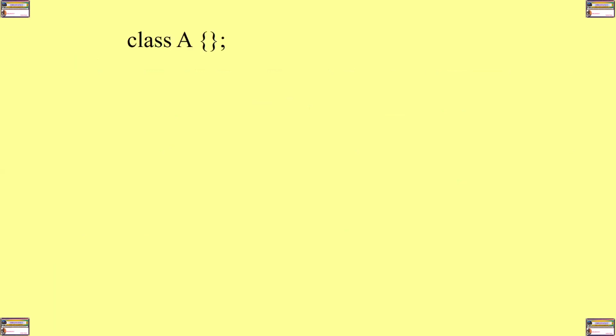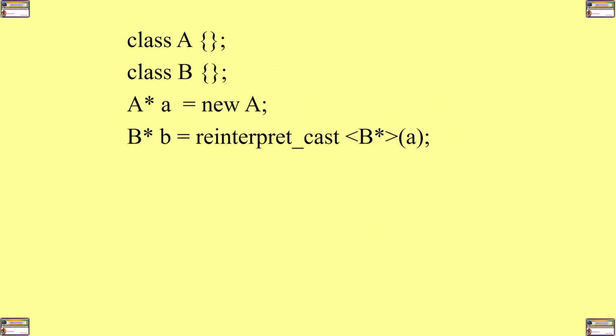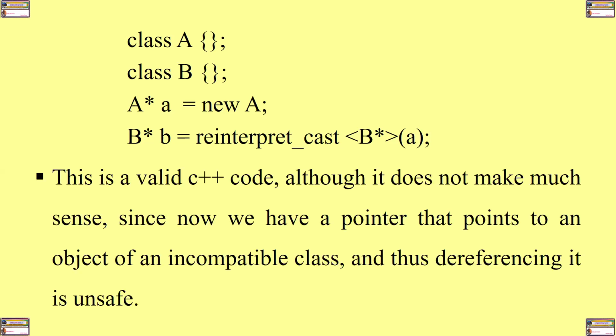For example, if we have a class called A, which is empty, and we also define a class called B that is empty, then we can have a new class A assigned to a, which is a pointer to class A. In addition, we can then reinterpret cast a to B, and assign the result to b, which is a pointer to class B. This is valid C++ code, although it does not make much sense, since now we have a pointer that points to an object of an incompatible class, and thus dereferencing it is unsafe.